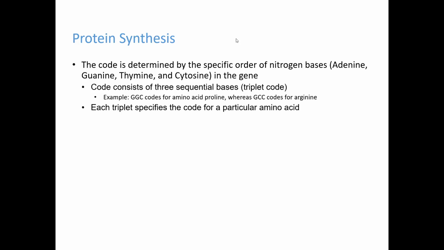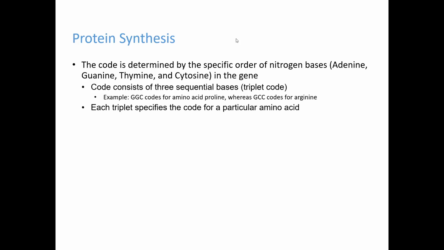If our gene starts with the triplet GGC, that protein is starting with the amino acid proline. If the next one in line is GCC, the number 2 amino acid is arginine, and so on.